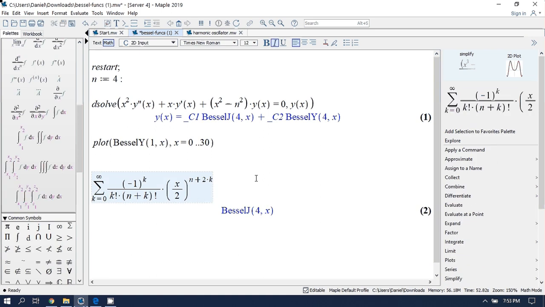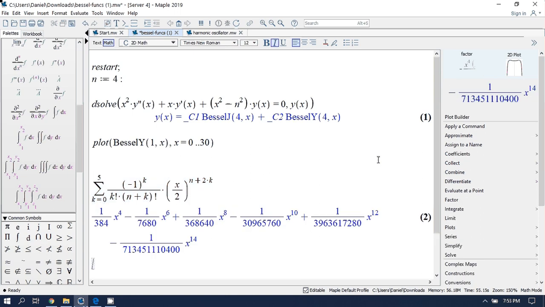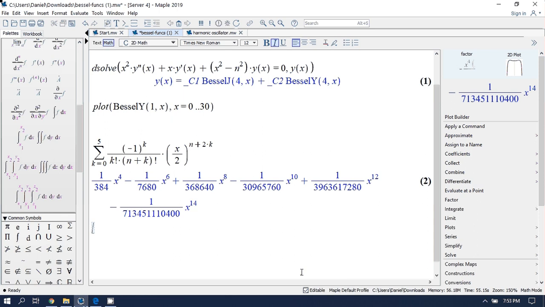Fortunately, you will see that you're not going to need to work directly with this series because it will be very tedious. If you notice here, the coefficients of this series are quite tedious, right? I mean, they involve factorials and some powers of x over 2. If I want to see the first 5 or 6 terms, this is how it looks for the Bessel function of the first kind of order 4.